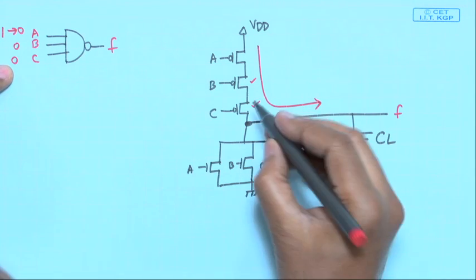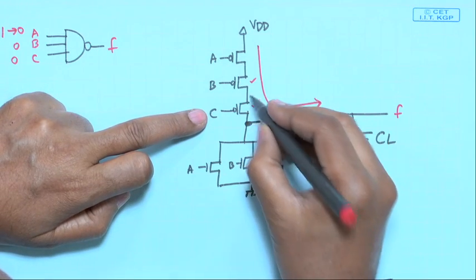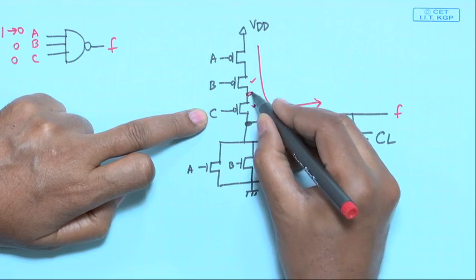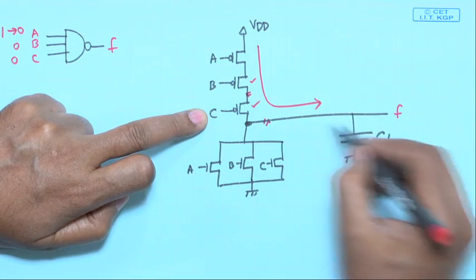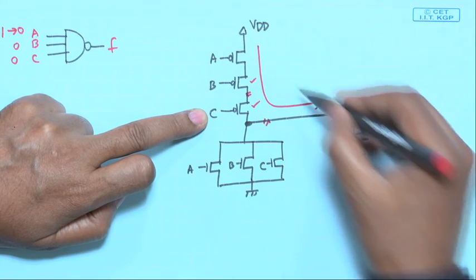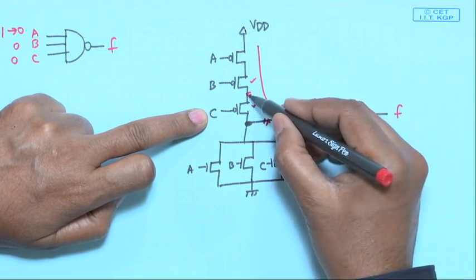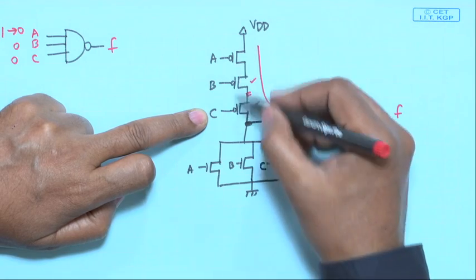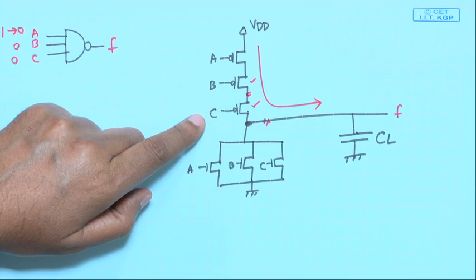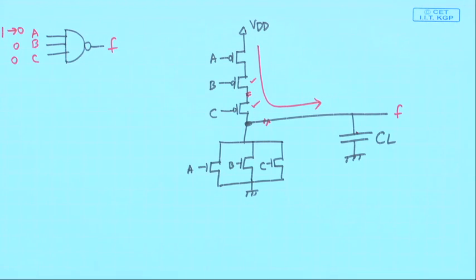Now, the other case is that when I talk about C, this A, B were already conducting, now I have to consider the delay between this point and this point only. So, the net delay or the signal propagation delay need not be all from VDD to here. For some cases I may need to take the whole path, some cases shorter paths. So, the delay across the pins can also be a little different, okay, for a gate. This is what we are trying to say.